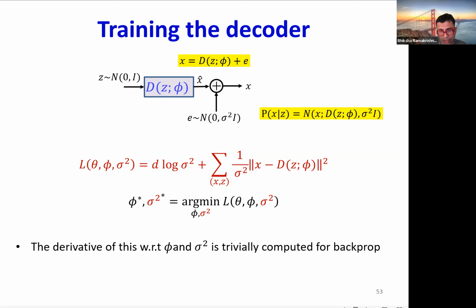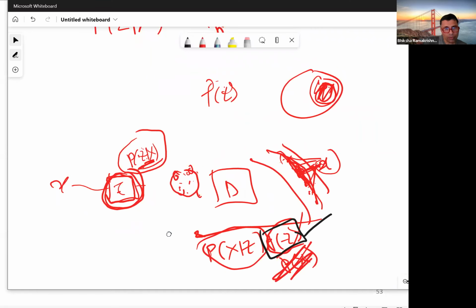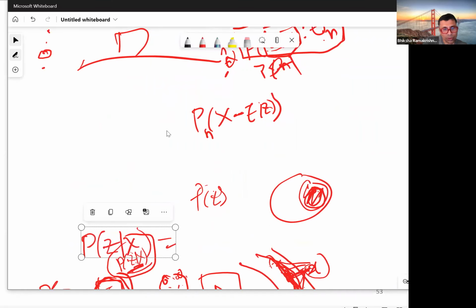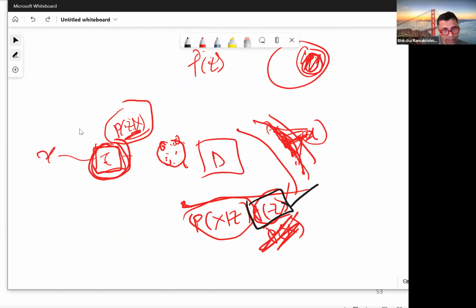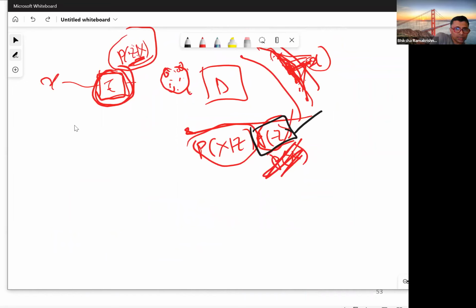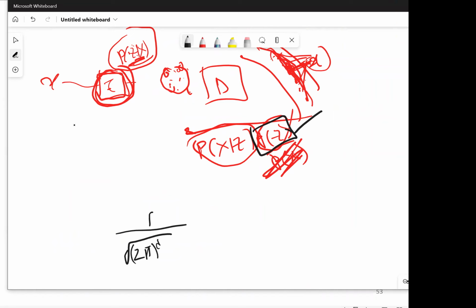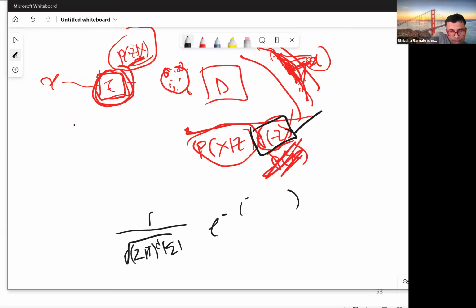Remember what the formula for the Gaussian is. Let me write it again. It's 1 over square root of 2 pi, raised to the sigma, e raised to minus whatever. That's the sigma of the noise function that we choose.